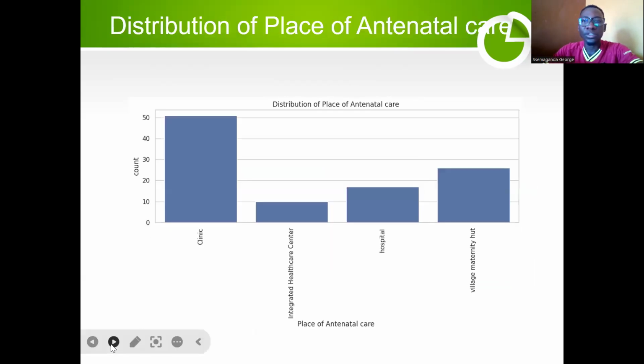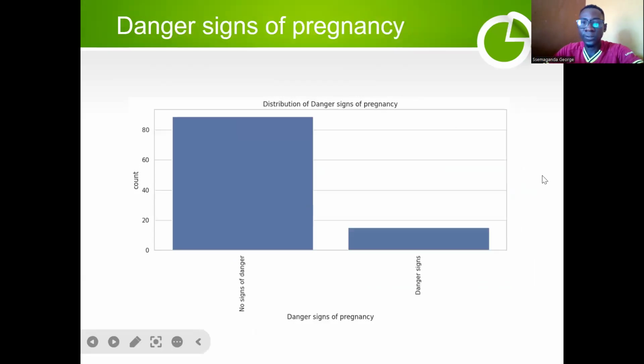Then the distribution of the place of antenatal care, which was basically 4 categories: the clinic, the healthcare center, the hospital, and the village maternity hut as fourth.